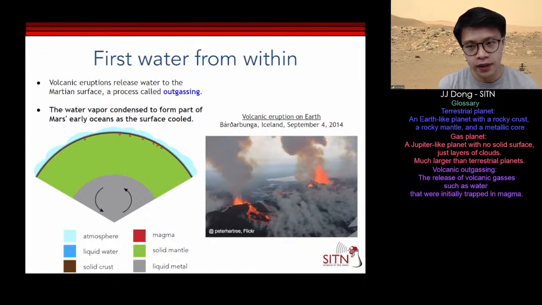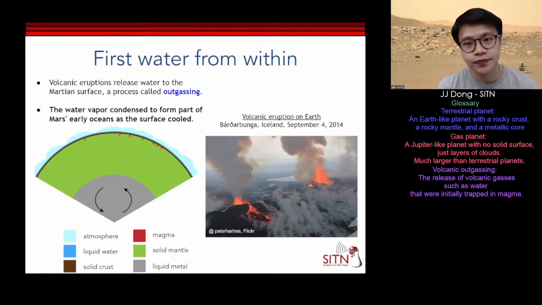The water vapor in those clouds would then condense to form liquid water on the early surface of Mars. Even though the majority of the first water on Mars is now gone, there are actually a number of pieces of evidence on the Martian surface that suggest past activity of liquid water.